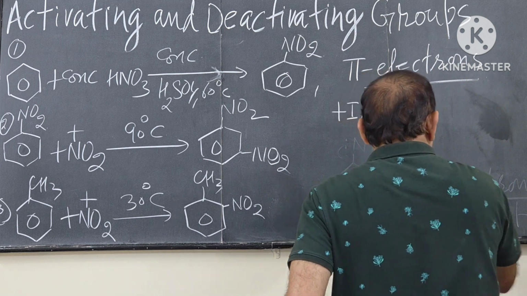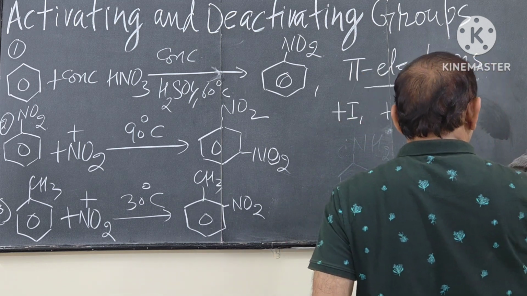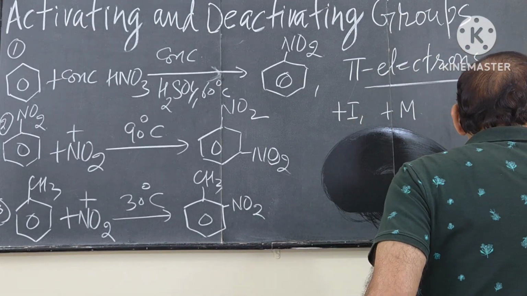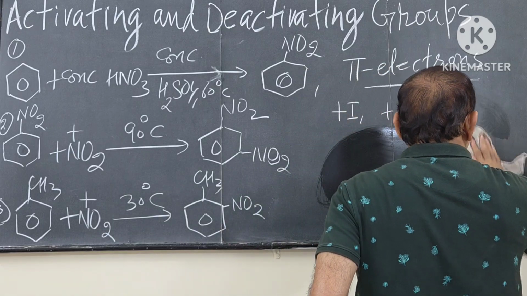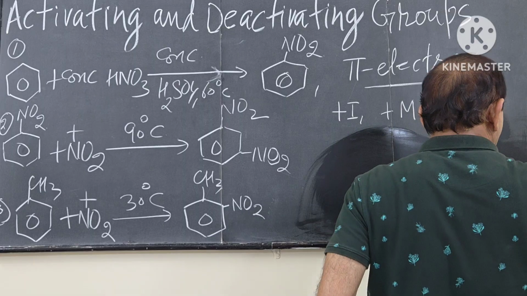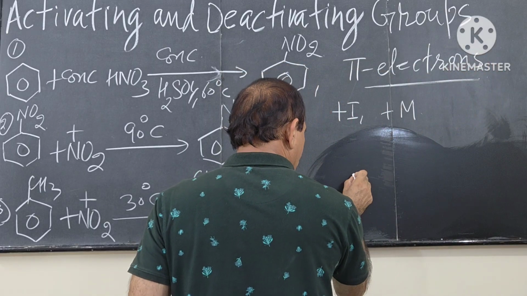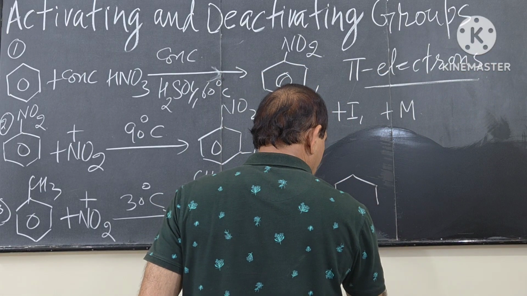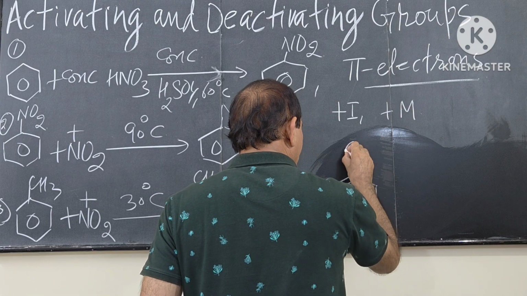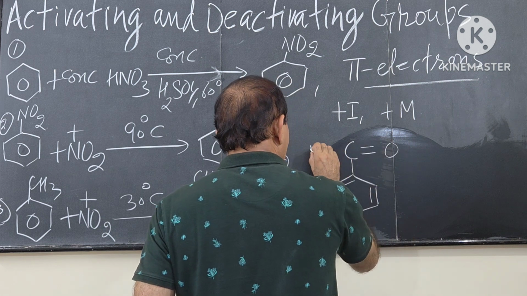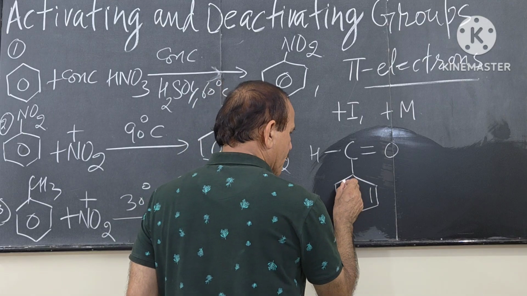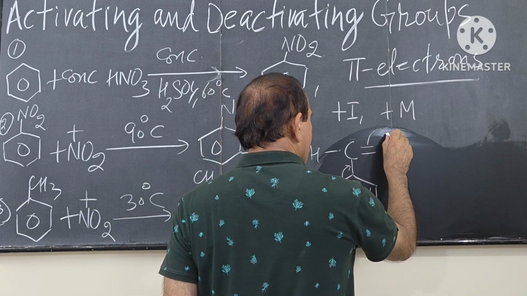Let's say we have the CHO group, that is your aldehyde group, on the benzene ring, C double bond O. So what it does is it removes pi electrons like this.